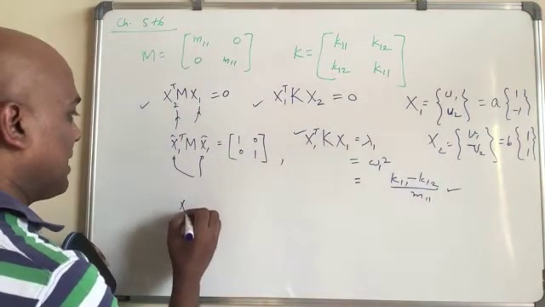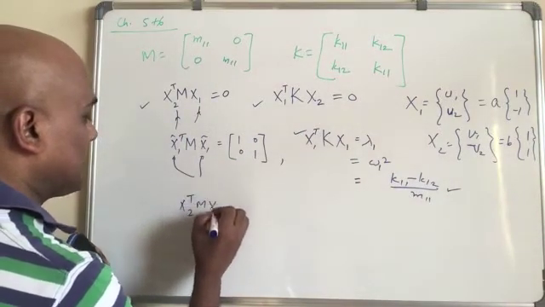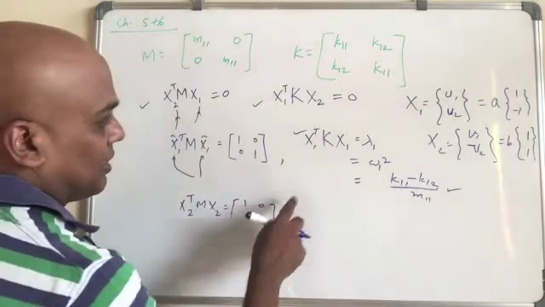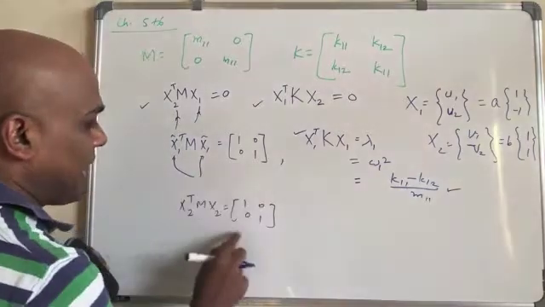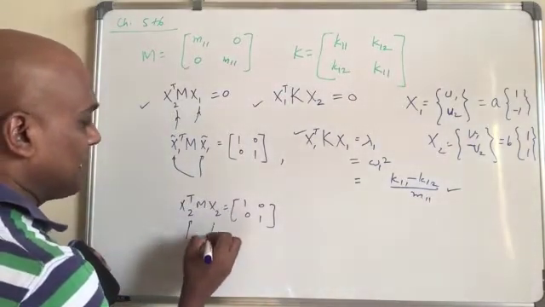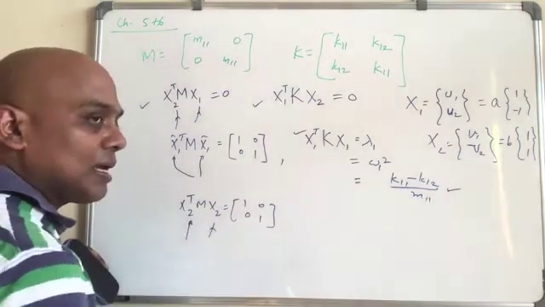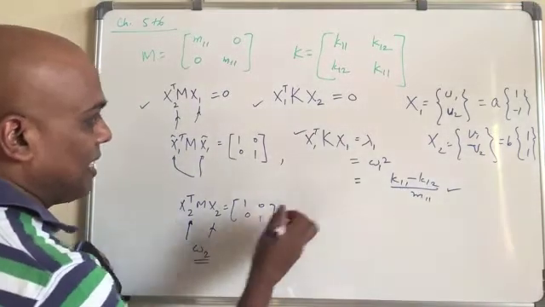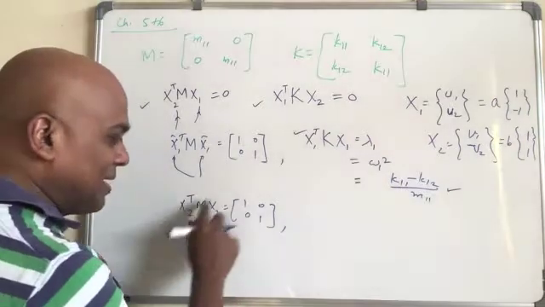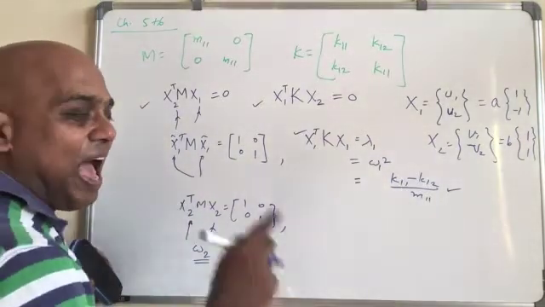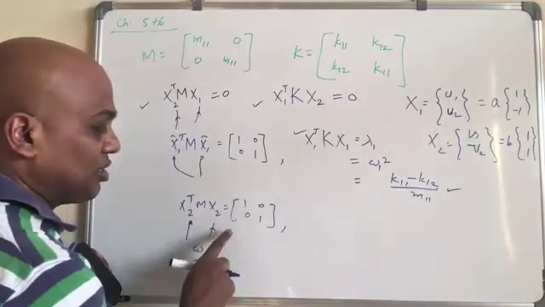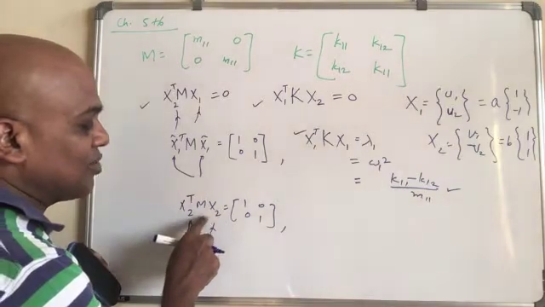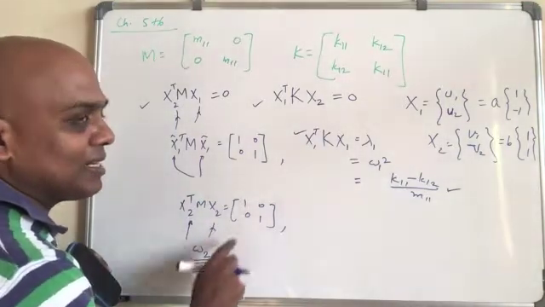Similarly, if x2 transpose m x2 is equal to 1001, and this is the bigger one, this eigenvector x2 is associated with the larger natural frequency, which is omega 2, right? If you have attended my lecture video, you would immediately know that this is already scaled, and hence you get the identity matrix.